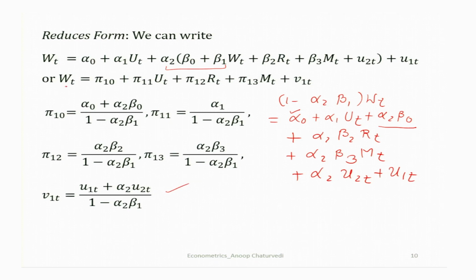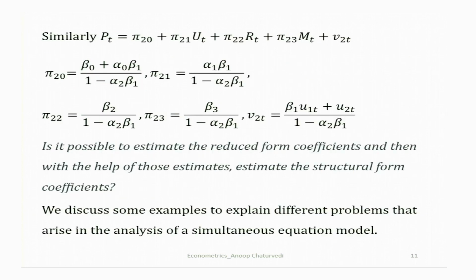So, you get this equation, and in this equation in the right hand side P t is not involved, and then you can substitute this value of W t in any of those two equations, and then you obtain P t equal to pi 2 naught plus pi 2 1 u t plus pi 2 2 r t plus pi 2 3 m t plus V 2 t, where these are the values of pi 2 naught, pi 2 1, pi 2 2, pi 2 3 and V 2 t.